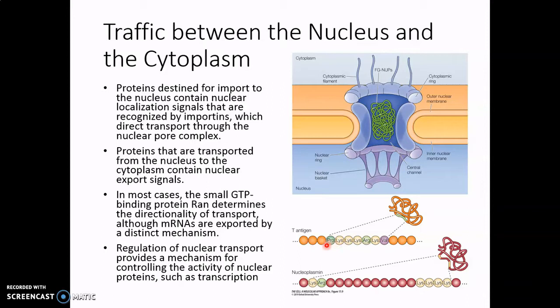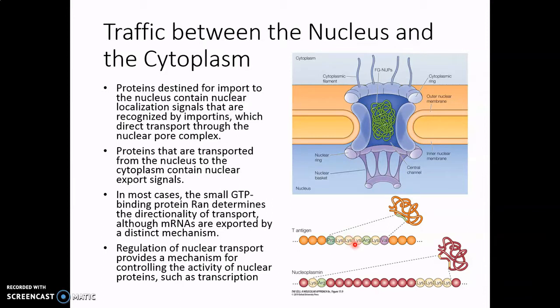Okay, so here we have the T antigen, and you can see that this is a proline followed by several lysines, arginine. What we largely have here is a very positively charged cluster of amino acids, and this is what's acting as a signal to transport it through.